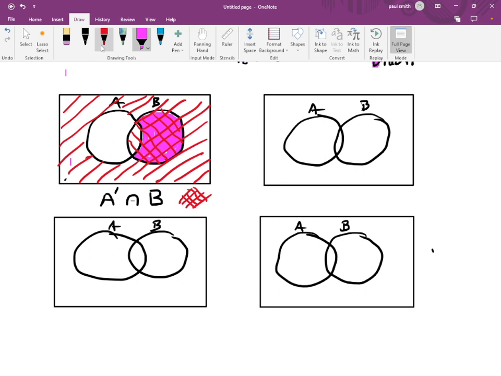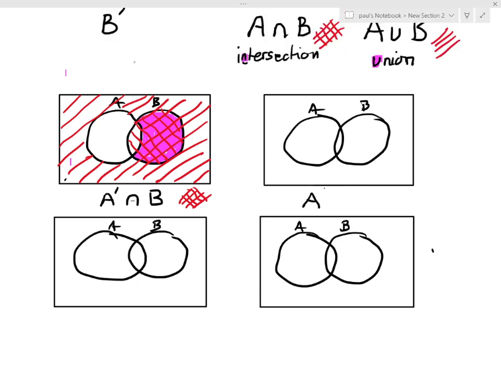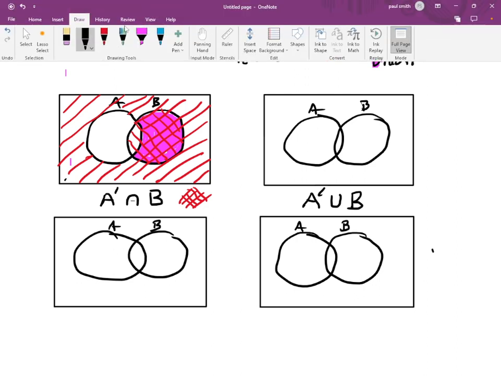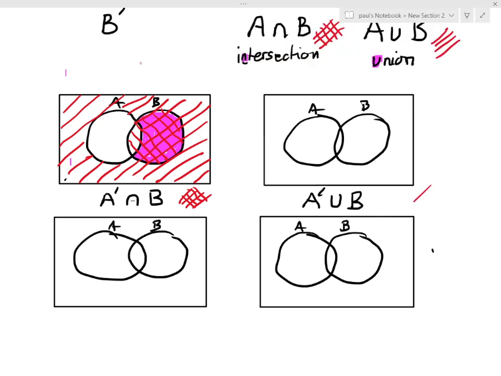Okay, the next one is going to be not in A, union B. Right, so now this one, we just do the single lines. So when you've got the union, you do the single lines. When you've got the intersection, you do the crisscross.